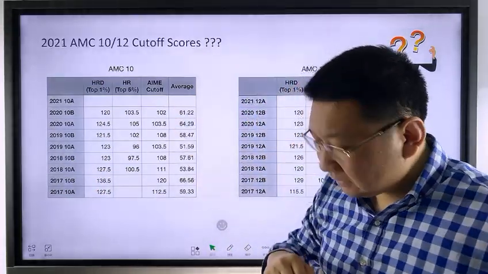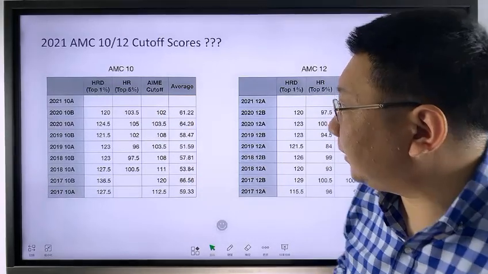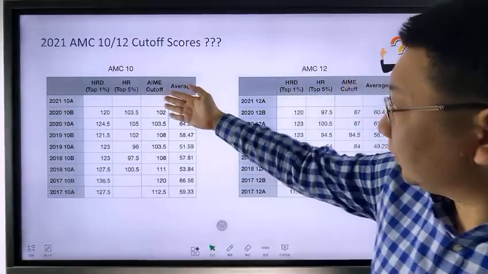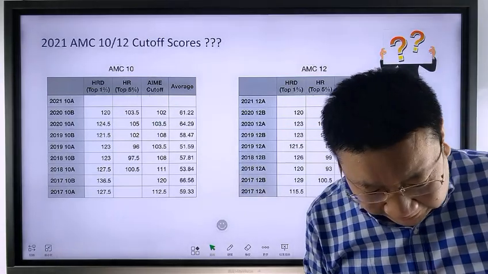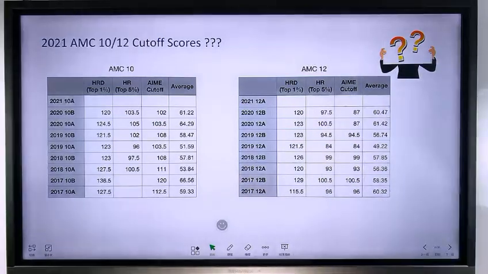But last year, more students could attend AIME, so the participation percentage was more than 5%. We will see what the MAA's decision will be this year. And I see that there is already a lot of information floating around online about what the cutoff scores could be this year.